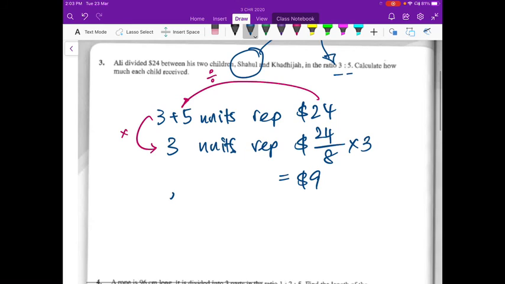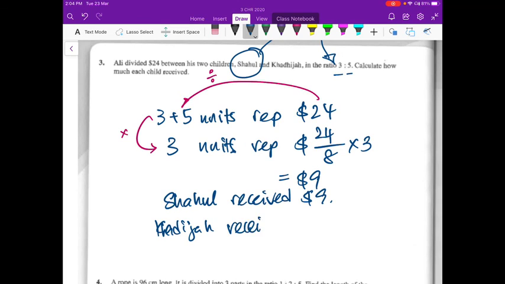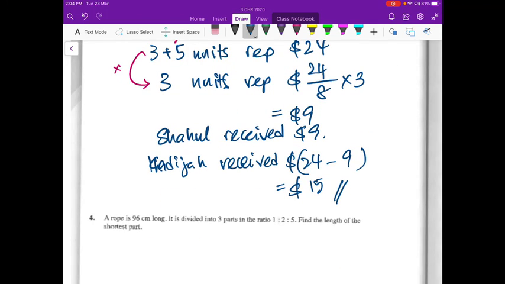So Shahul got $9. So Khadija, yes, Khadija. If my answer is correct, but my answer usual how? Minus mark. Okay, so Khadija received $15.